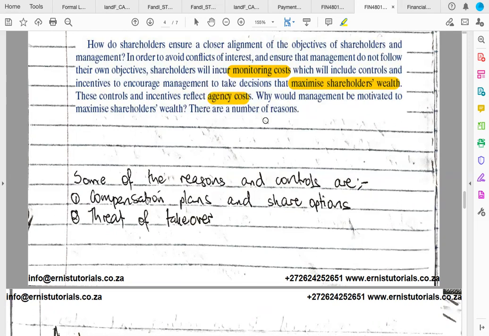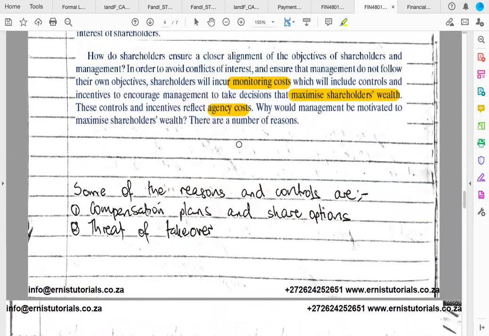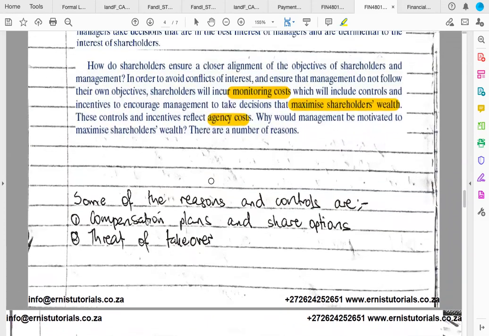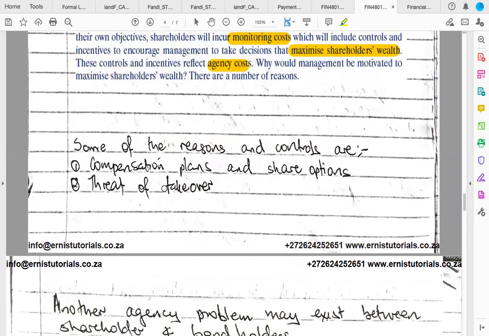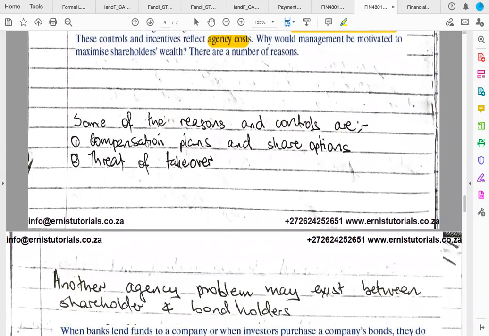So what types of controls can the shareholders implement such that management act in the interest of shareholders, or what are the reasons that management might actually act in the interest of shareholders? So the types of controls that shareholders could implement are compensation plans and share options.